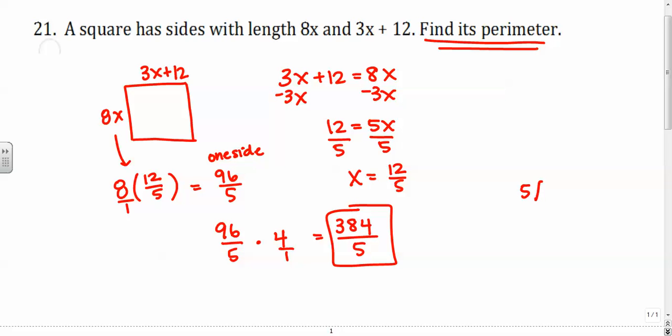If you divide it out, you should get something like 76.8 as your perimeter. But again, you guys know I would rather see that fraction in there. Okay, so that's number 21.